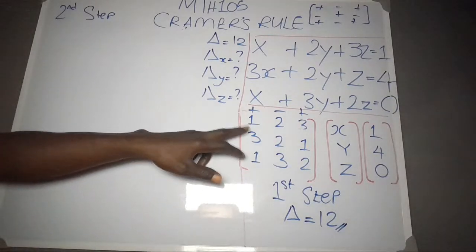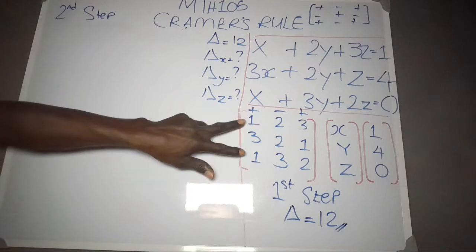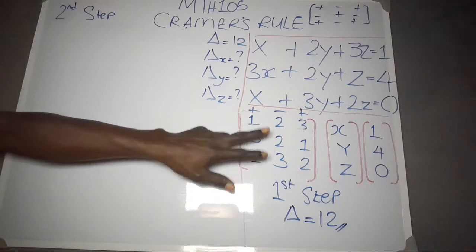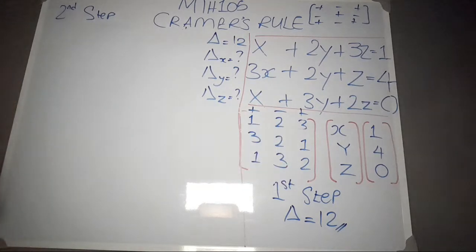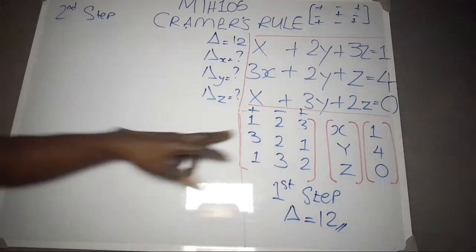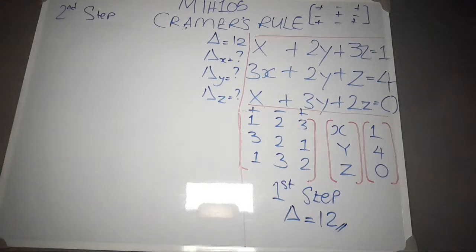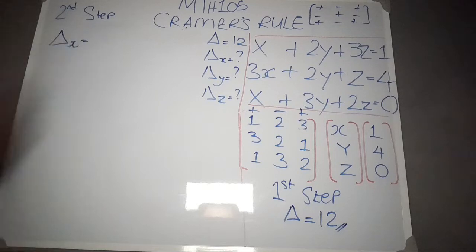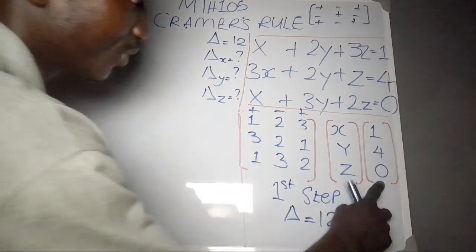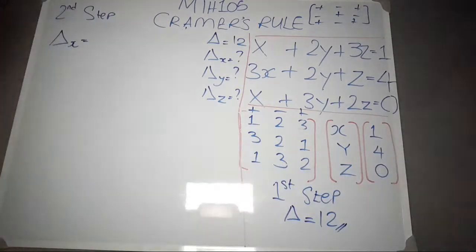this is x, this is x, this is for y, and this is for z. Now, determinant of x equals, just like when we were solving the first illustration, where we had to substitute for x with this, the same thing is applicable here.